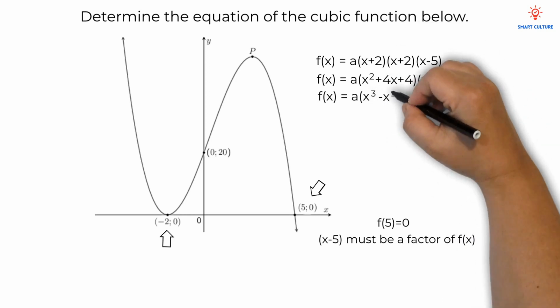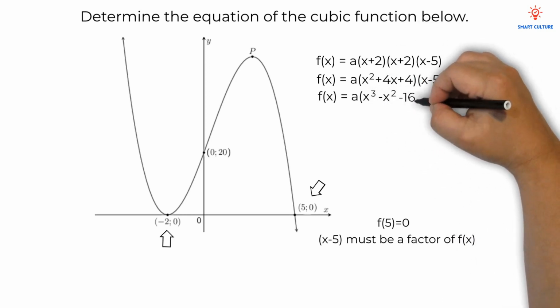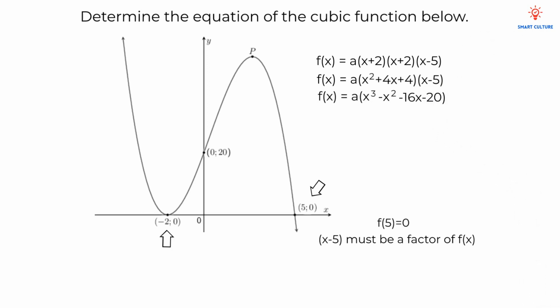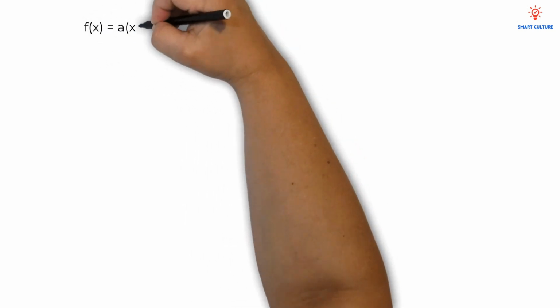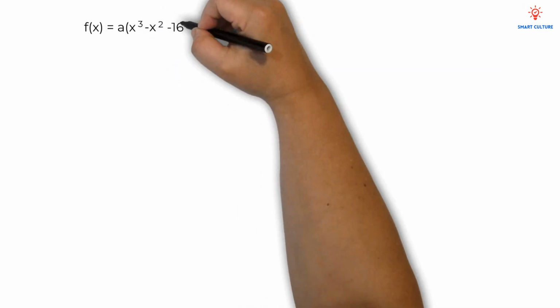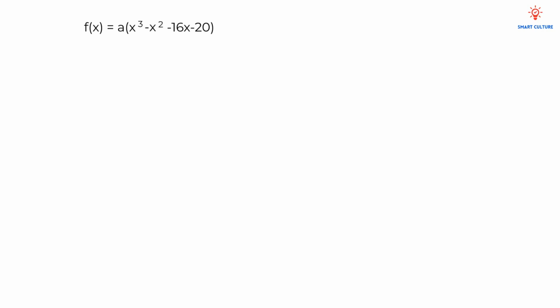Now, the coefficient a is necessary because the roots alone don't tell us anything about the scale of the function along the vertical axis. How can we go about calculating the value of a? We can do this with any point on the curve other than one of the x-intercepts. In this example, we know that the y-intercept is at (0, 20).